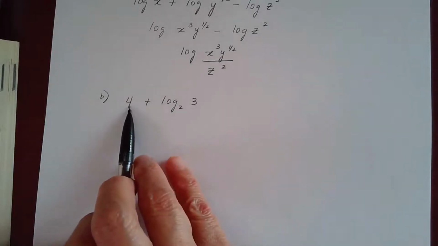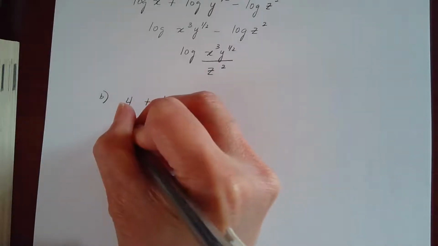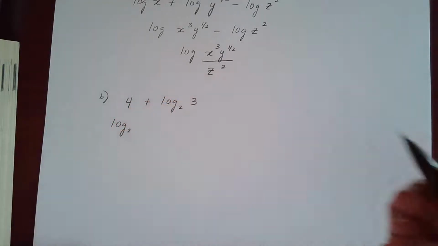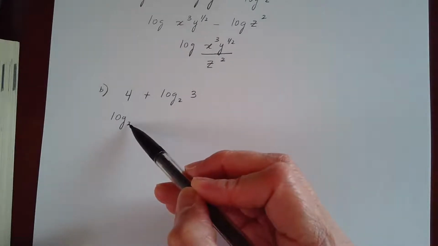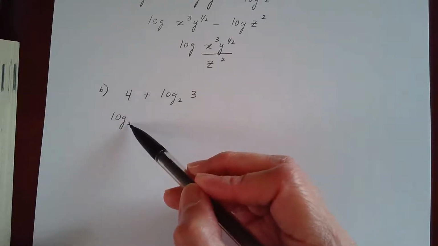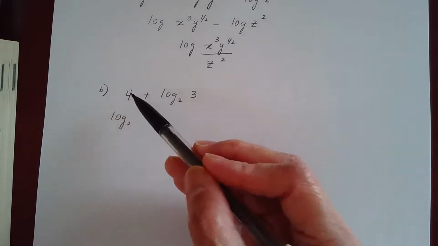Let's take a look. If we were to do a base 2, log of base 2, the exponent is 4. 2 exponent 4 will give me 16.